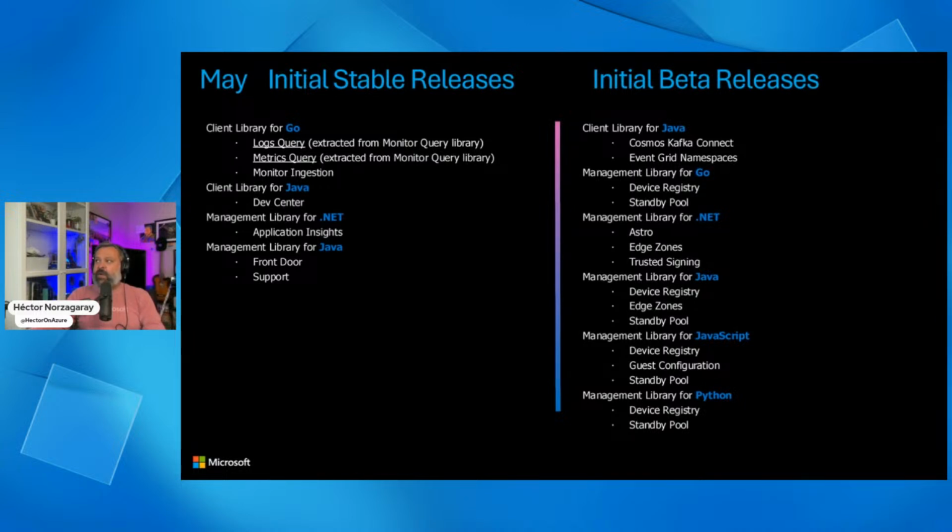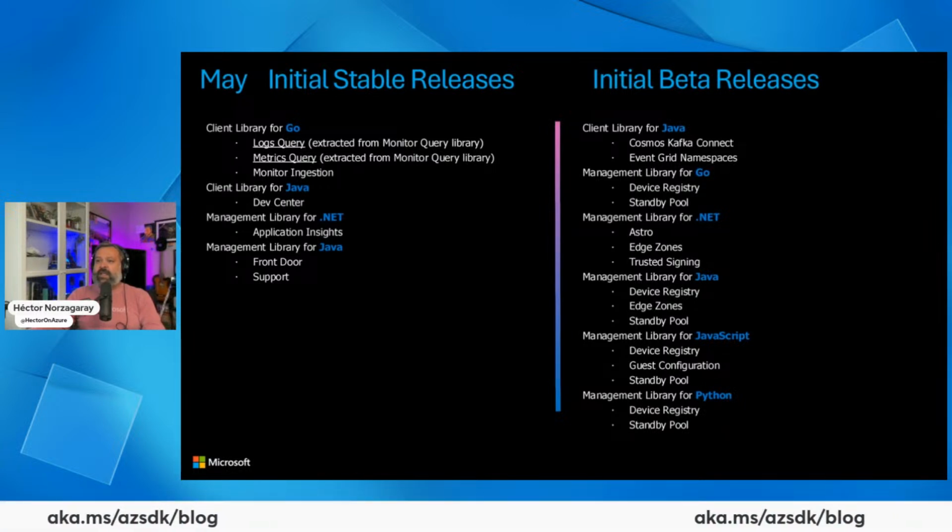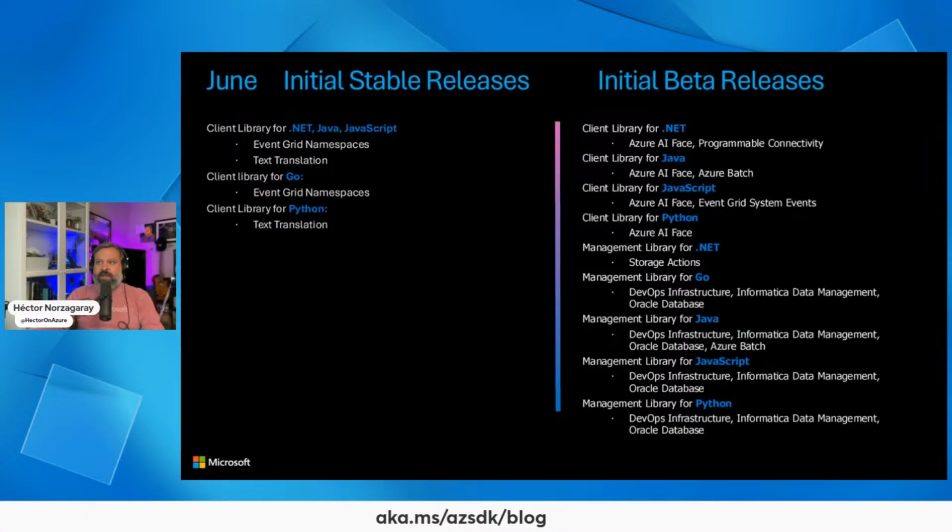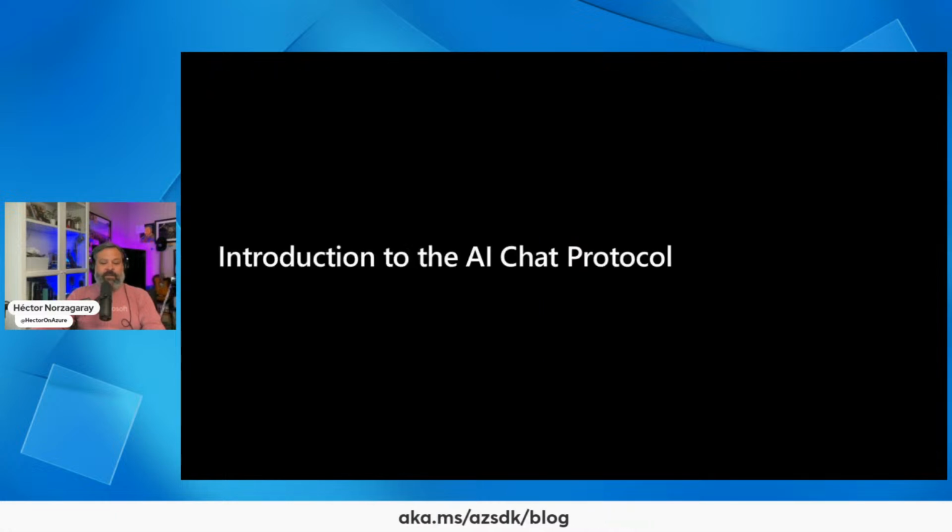Like I said, you can always go to the Azure SDK blog and check the change logs and more information about that. In June, we had Event Grid namespaces for .NET, Java, JavaScript, and text translation, also for all of those languages. But I'm not going to go too much into detail because one of those releases was AI chat protocol. So I'm going to bring Rohit in here.